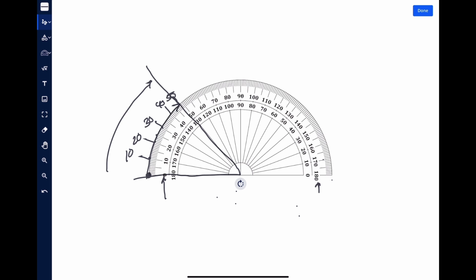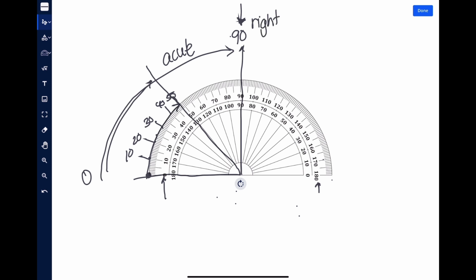So acute angles are anything that are less than 90 degrees. So here's 90. Acute angles are anywhere between 0 and 89.999, whatever. So if it goes from 0 to anything less than 90, we call it acute. Now, if it reaches exactly 90, that perfect corner, we call them right angles because they would make that right angle.